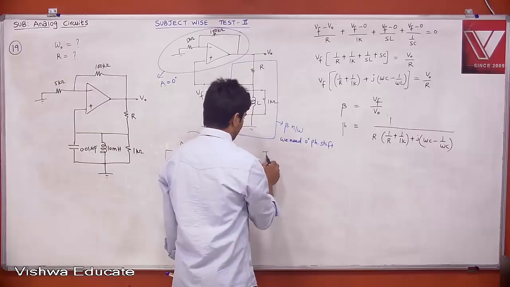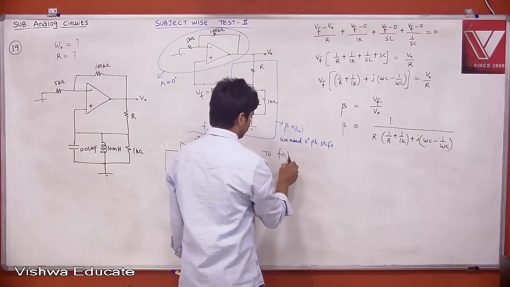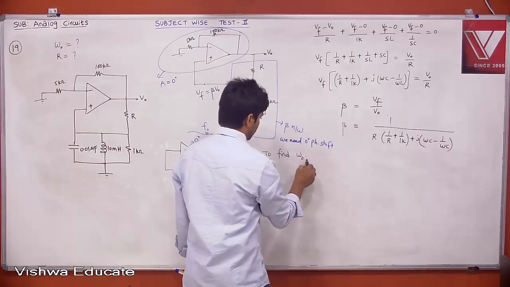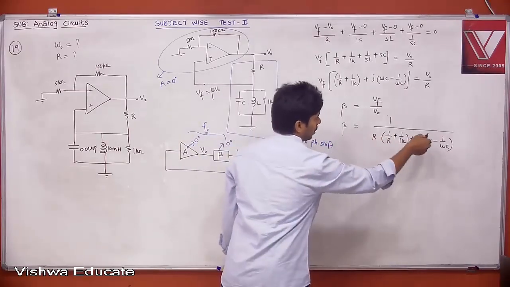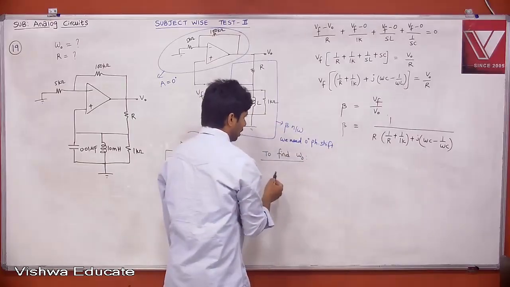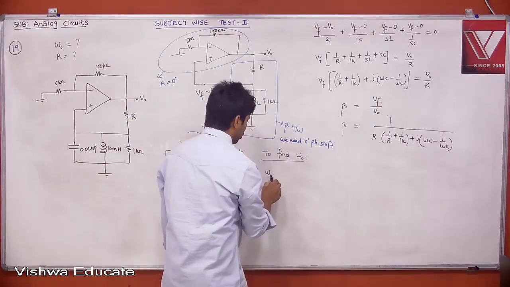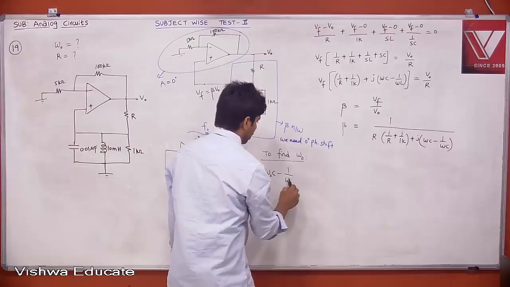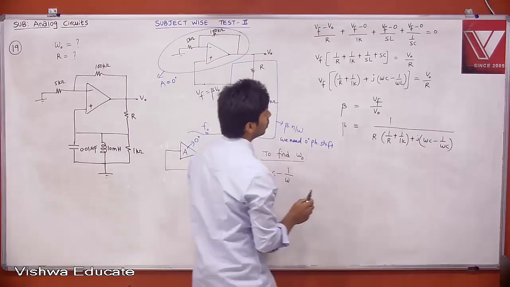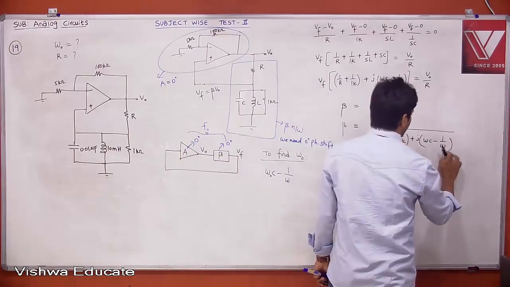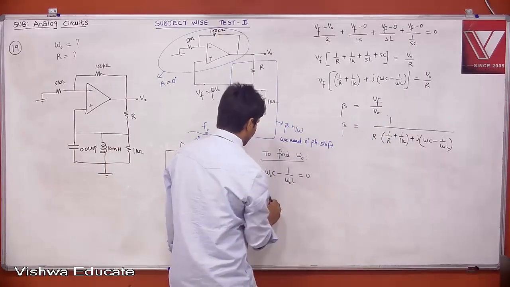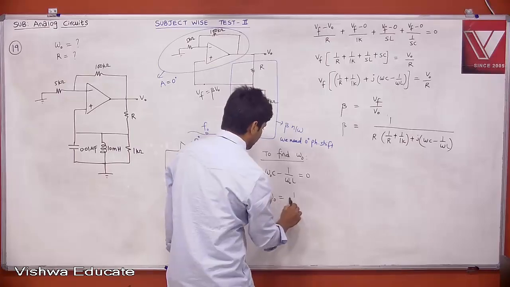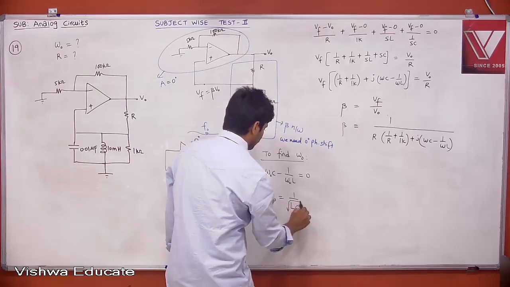Therefore, to find F naught or omega naught, when the imaginary term is 0, then only it gives 0 degrees phase shift, right? Therefore, what is the condition? Omega naught C minus 1 by omega naught L is equal to 0. Therefore, omega naught is nothing but 1 by root over LC.